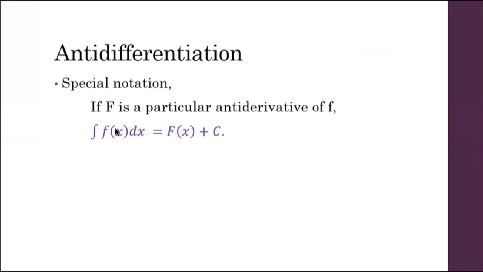Okay, we have a special notation for anti-differentiation. If big F is a particular antiderivative of small f, then the integral of small f of x dx equals big F of x plus c. This is also called the indefinite integral.